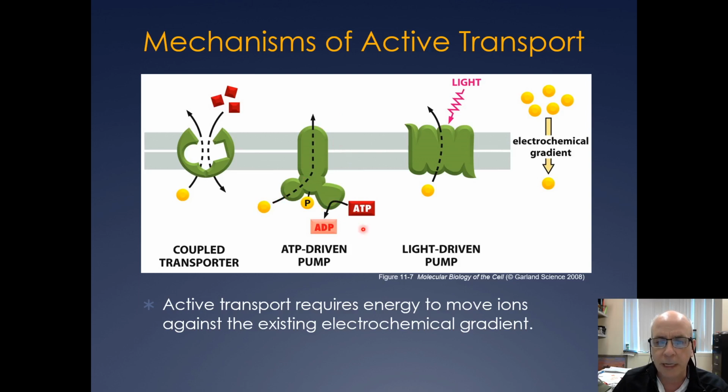They're going to use ATP to drive an ion against its electrochemical gradient. And then you can have light-driven pumps. Think of them as photosynthesis and things like that, where protons can actually be pumped across based on the absorption of a photon of light.